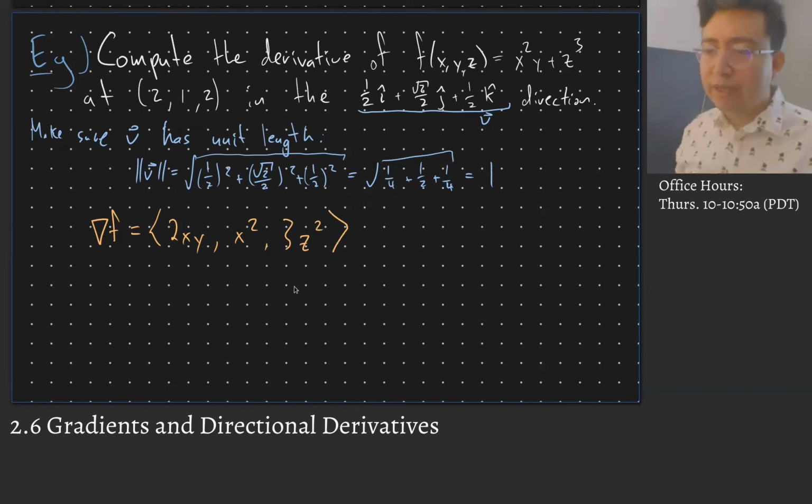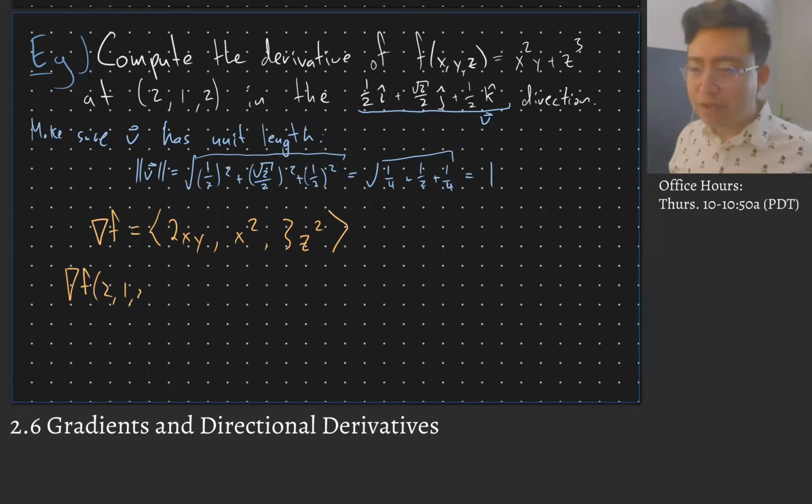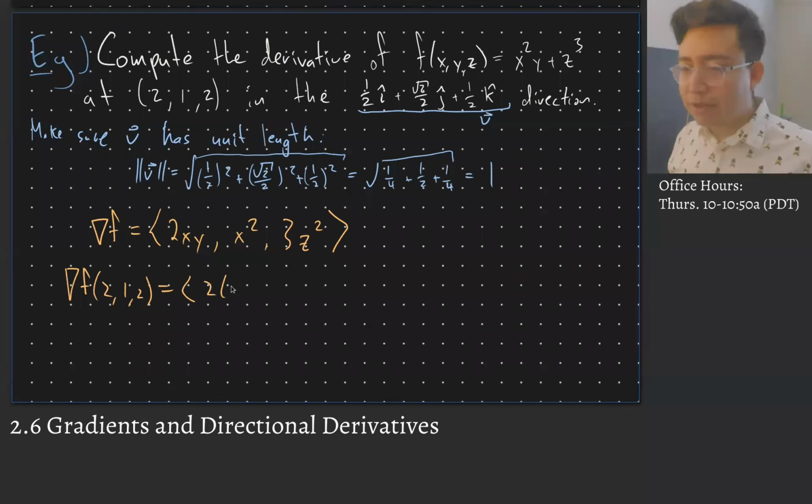Now we specifically want the gradient of f at (2, 1, 2). So we plug in these numbers for x, y, and z into this formula, and we get 2 times 2 times 1, then 2 squared, and then 3 times 2 squared. Simplify this, and this gives us (4, 4, 12).